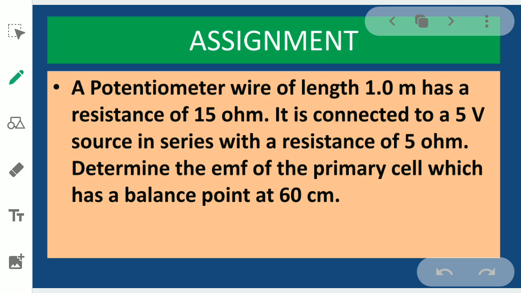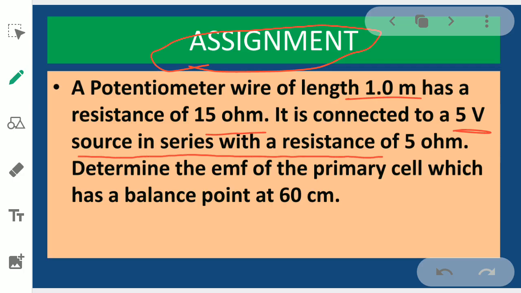So this is an assignment for you. A potentiometer wire of length 1 meter has a resistance of 15 ohm. So the length of the potentiometer wire is 1 meter, resistance 15 ohm. It is connected to a 5-volt battery. 5-volt battery means this is the driving cell, a 5-volt source, in series with a resistance of 5 ohm.